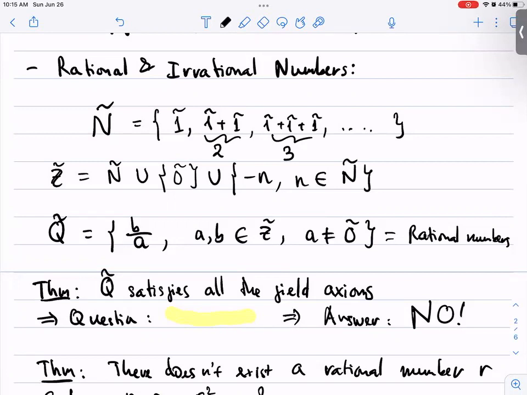Basically, the set of all integers consists of natural integers, then negatives and element 0. The set of rational numbers is defined as follows. It will consist of elements of the form B over A, with A, B elements in the set of integers, and A not equal to the 0 element.